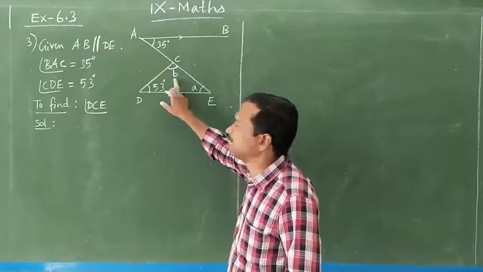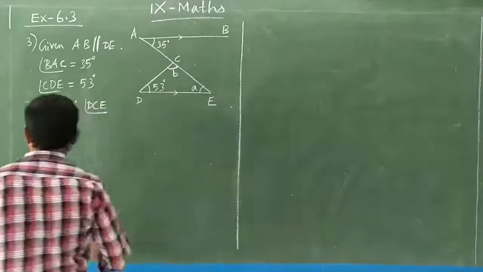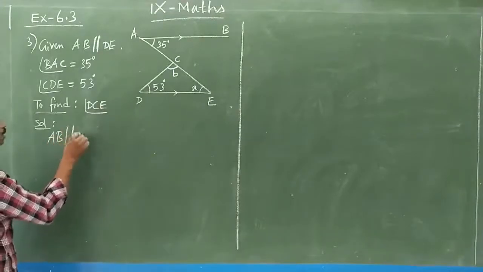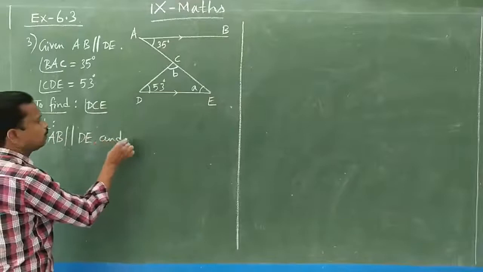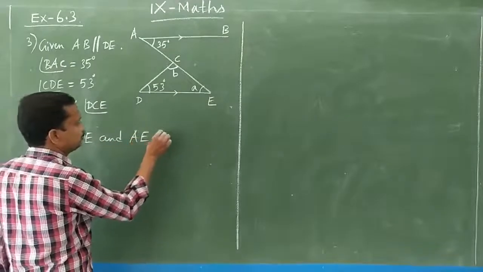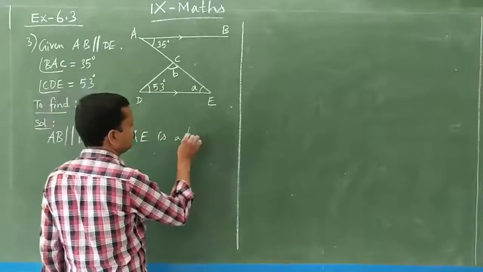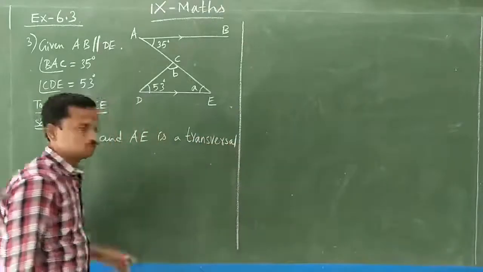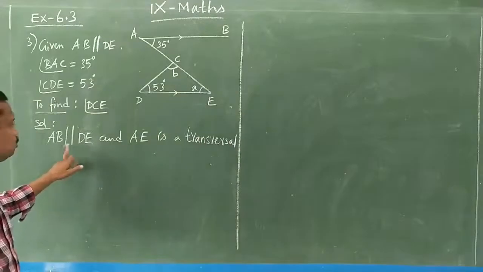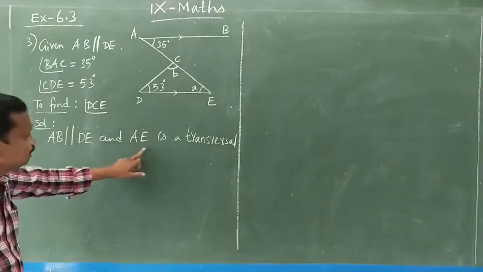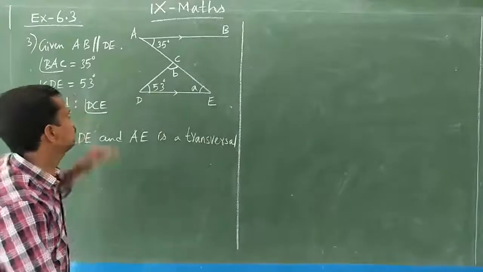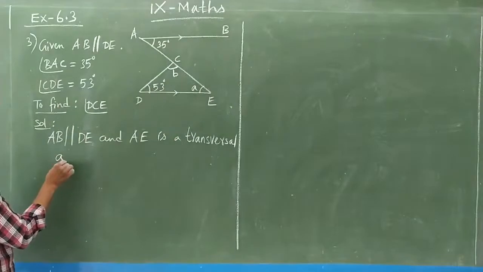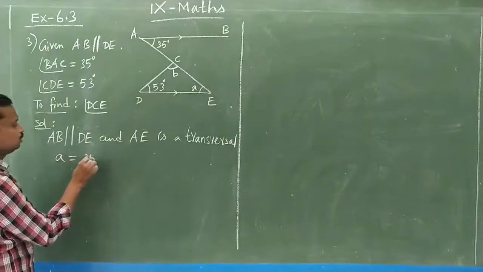So DCE I named as angle B. See here, AB parallel to DE and AE is a transversal. That means we can say this angle 35 degree and angle A. Angle A is equal to 35 degree.